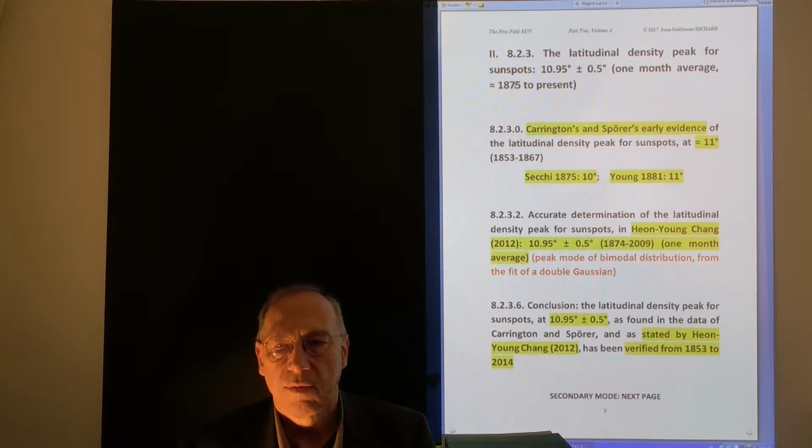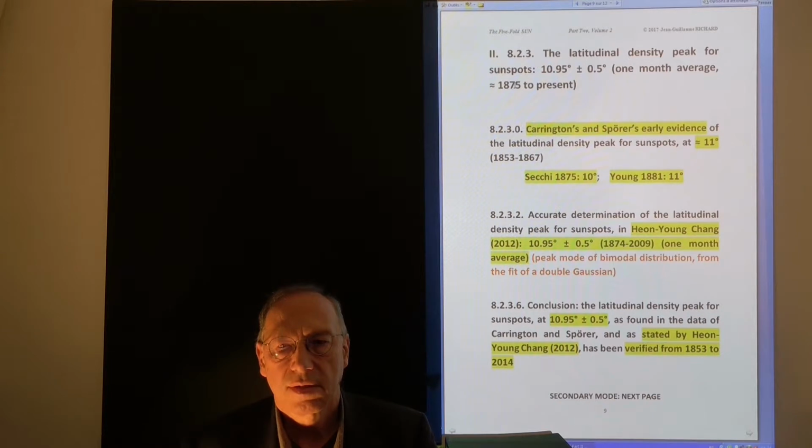This is for a 1-month average. It is about the same as a 1 rotation average in the earlier estimate. And this is verified from 1875, maybe even from 1853, to present.